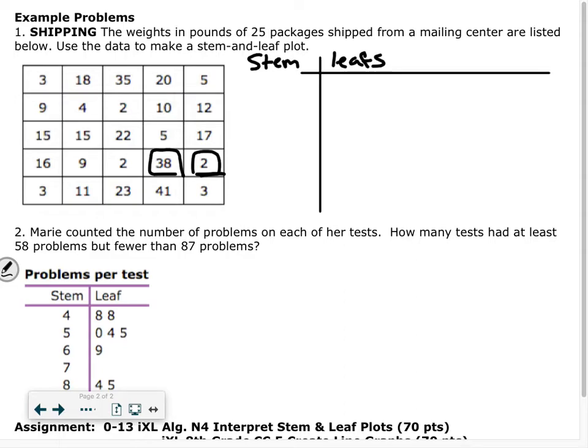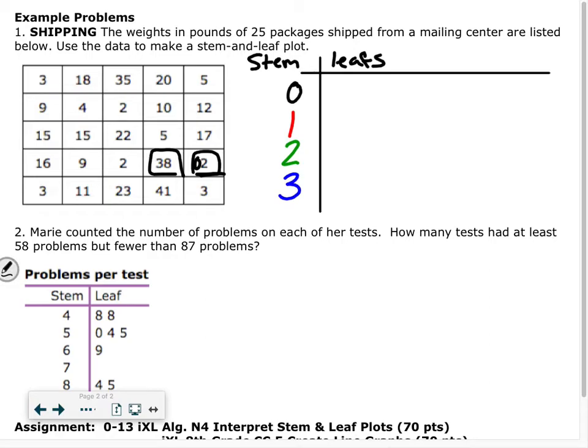Okay, so we're going to start with stems of 0, and then we're going to go up, because this is really like 0, 2. Then we're going to go up to 3. So 0, 1, 2, and 3.